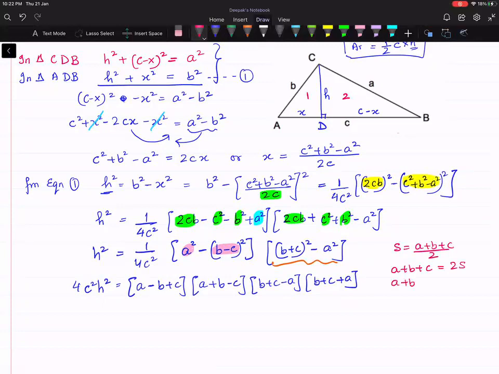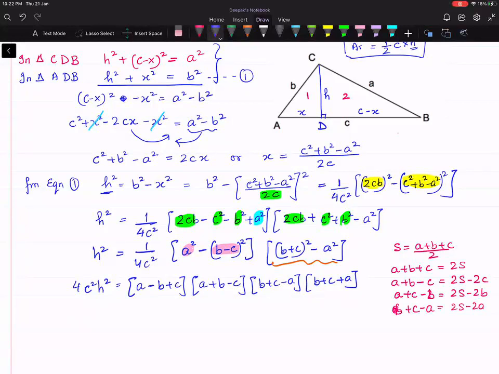If I subtract 2c from both sides, so minus c is 2s minus 2c, or a plus c minus b is 2s minus 2b. If I subtract 2a from both sides, b plus c minus a is 2s minus 2a. Let's replace this value in our equation.